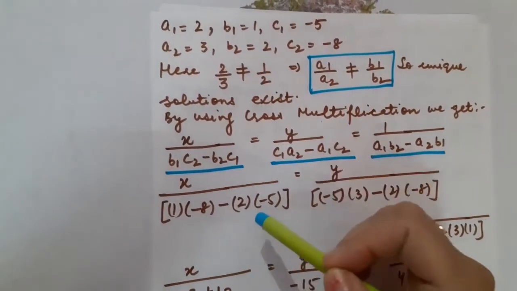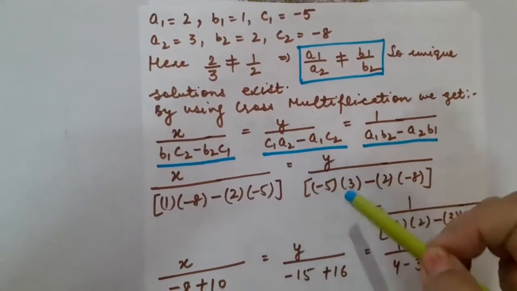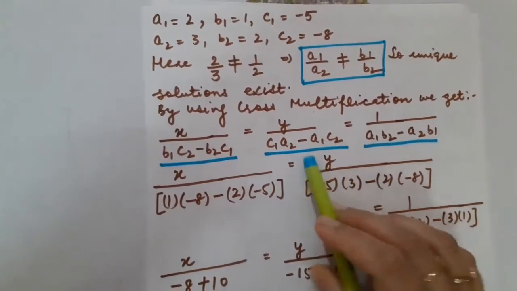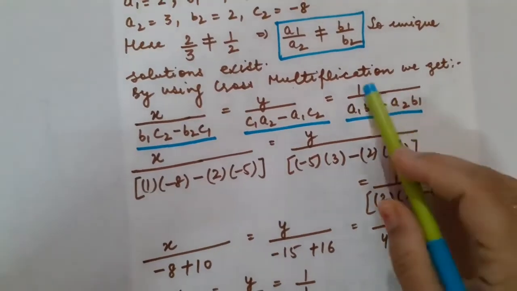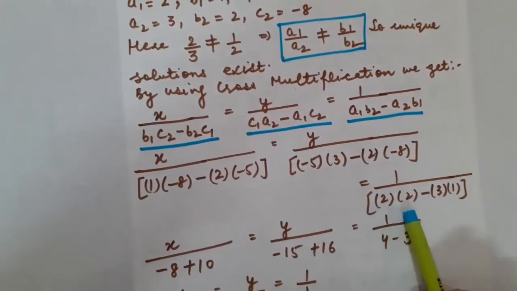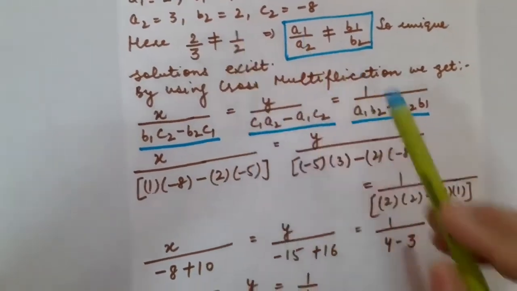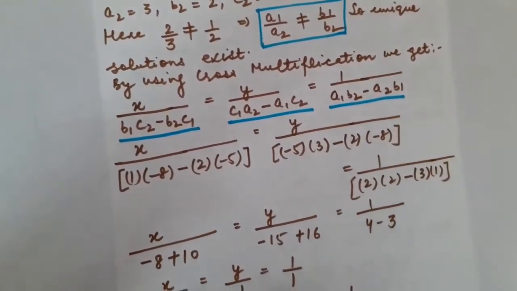This is B2 is 2 and C1 is minus 5. Correct? In the same manner, y upon C1 is minus 5, A2 is 3, minus sign, A1 is 2 and C2 is minus 8, is equal to 1 upon A1 and B2. Both are 2 and 2. So putting 2 and 2, minus A2 is 3 and B1 is 1.